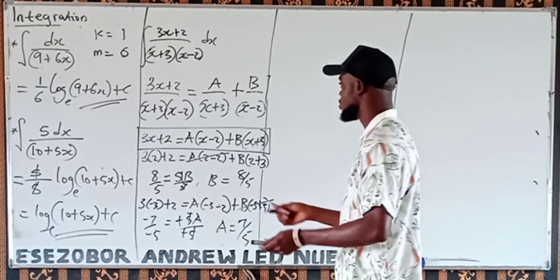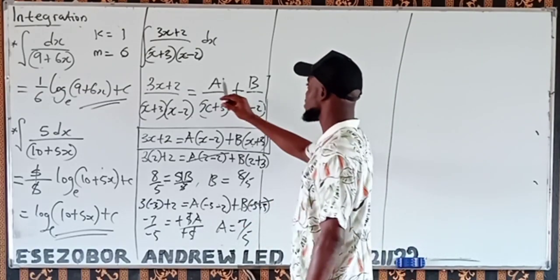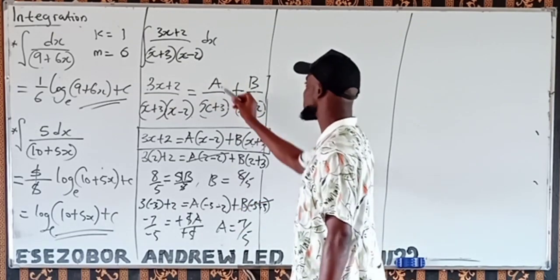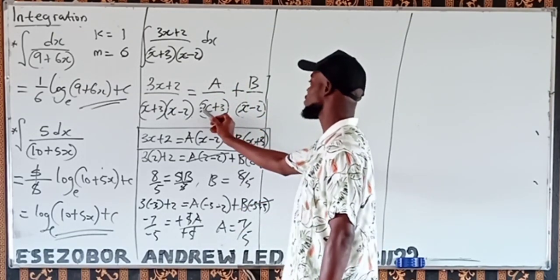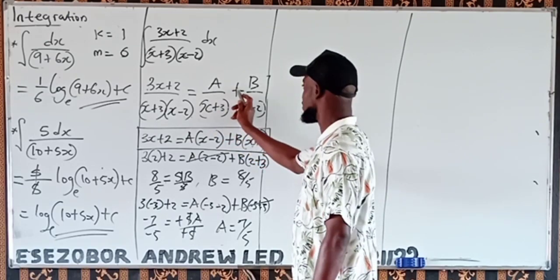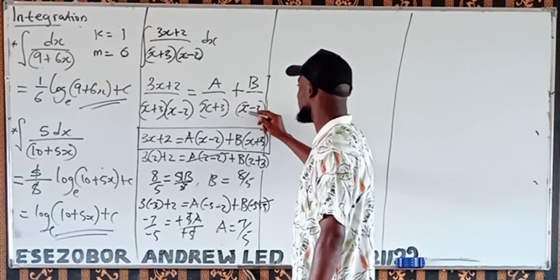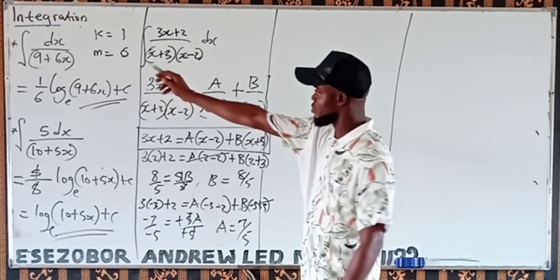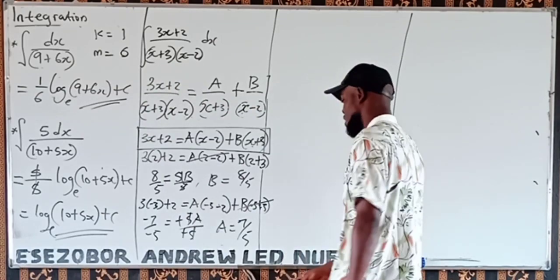So the answer becomes, since A is 7 over 5 over the coefficient of S, which is 1, then log of this, plus this one, 8 over 5 over the coefficient of this, which is still 1, then log of this one, plus C. That's all, using that same method. So try and do that.